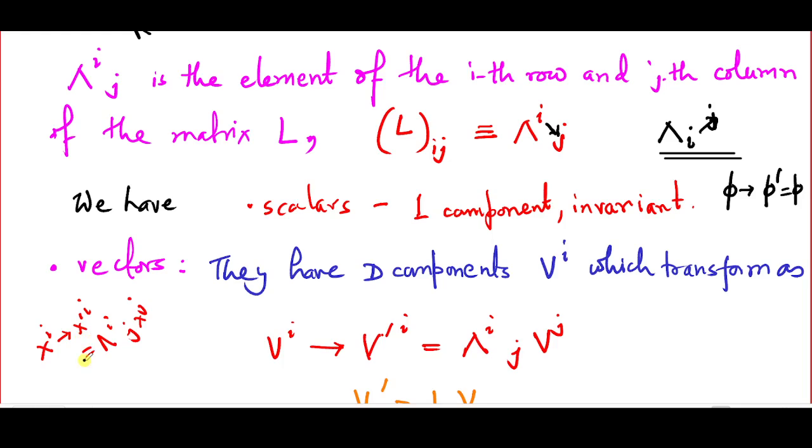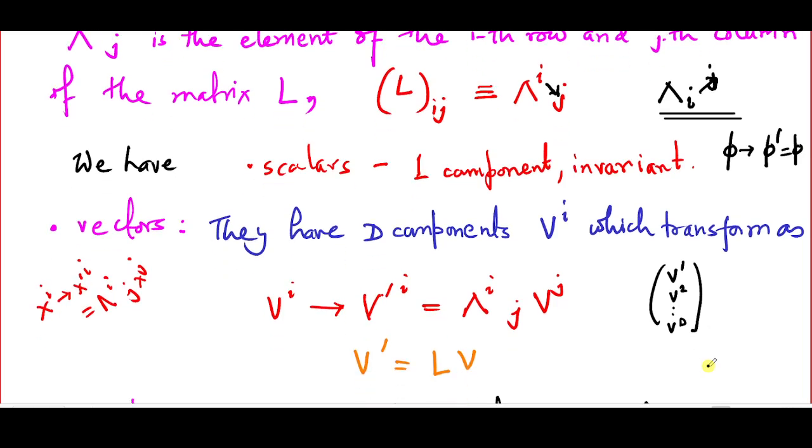And it's obvious that if I now put v1, v2, up to vd in the form of a column vector and call that v, and have a similar thing for v prime, then v prime will be related to v by simply the matrix L, the same matrix as the coordinates, acting on v.